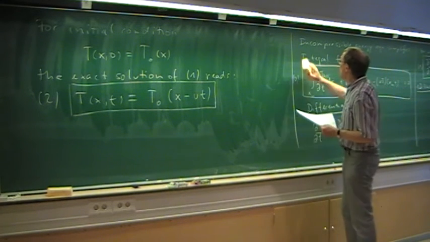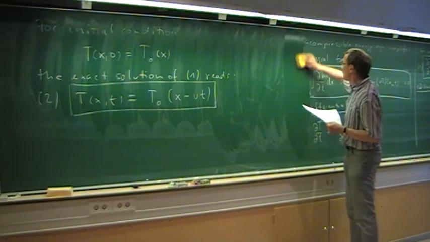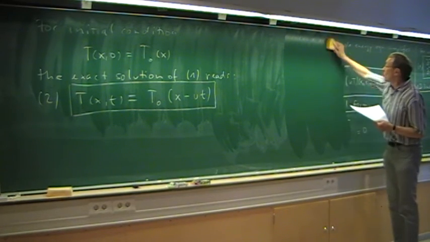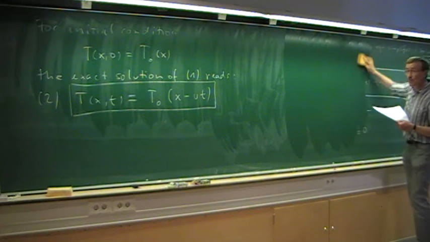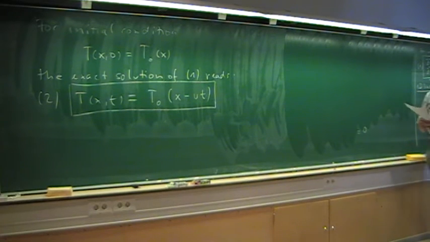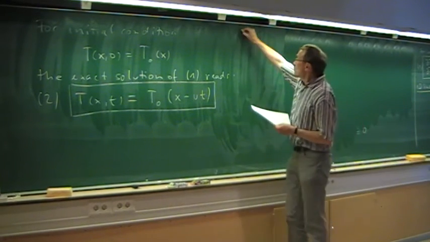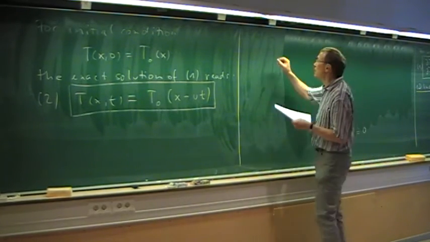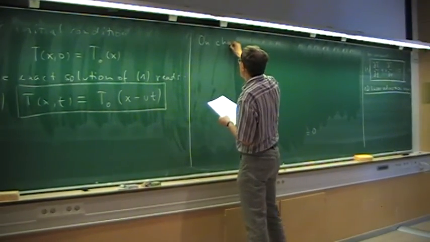And that gives rise to considering certain curves in time-space where we essentially know something about the solution by this. And these curves are called characteristics.